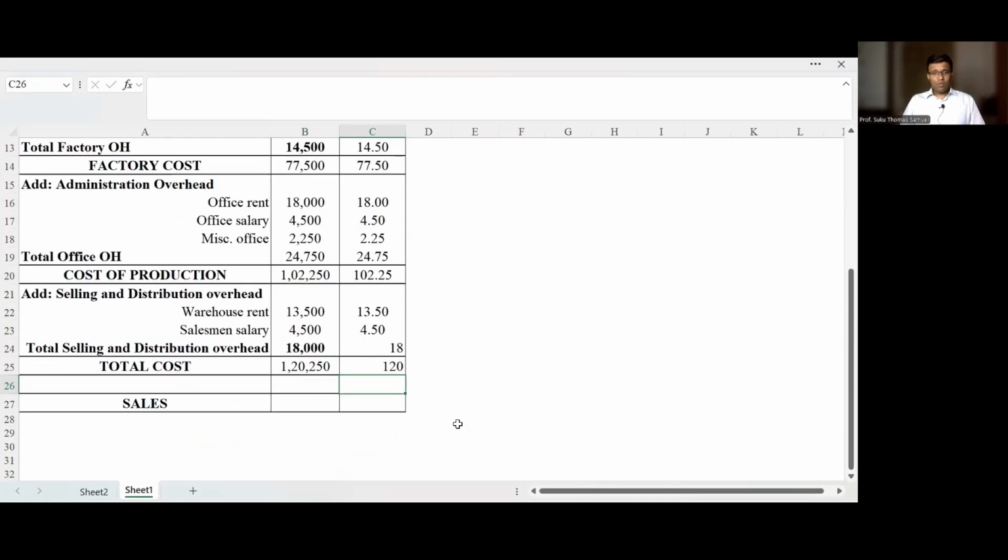What has been given to us is the sales, which is 1,40,000. However, we also need to remember that we have profit, which is mentioned in the cost sheet format. Here, this will work out to be the balancing figure. So how do we calculate profit? That will be sales minus total cost.